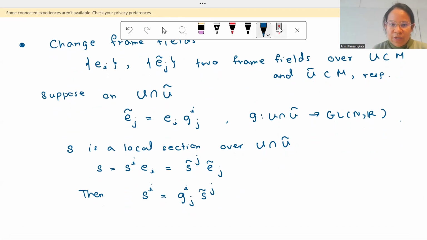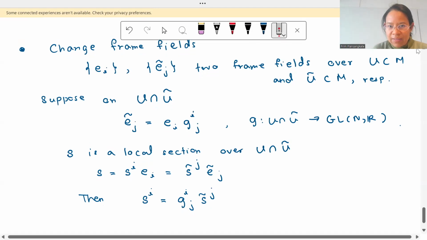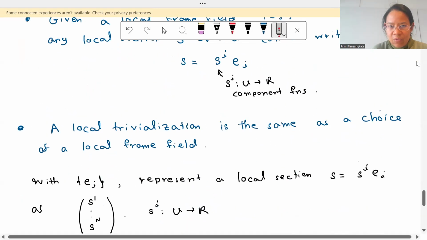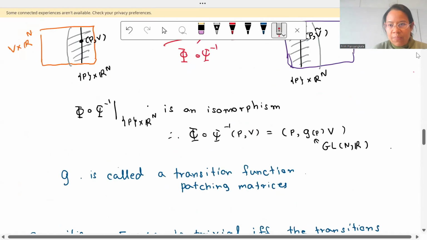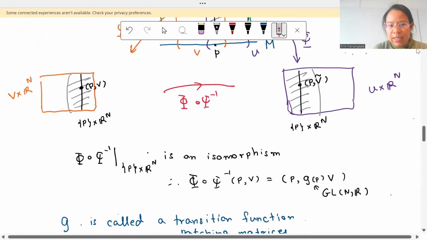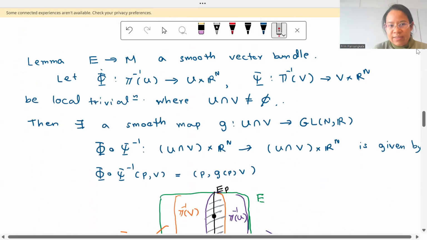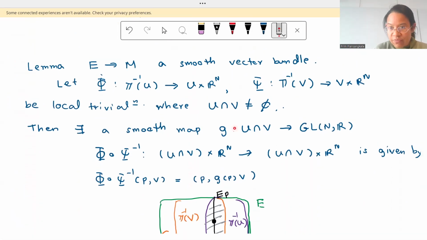Now, I want to point out that what we write here, this component S^i with respect to this frame field related to this, is the same as what we had here for the transition function.